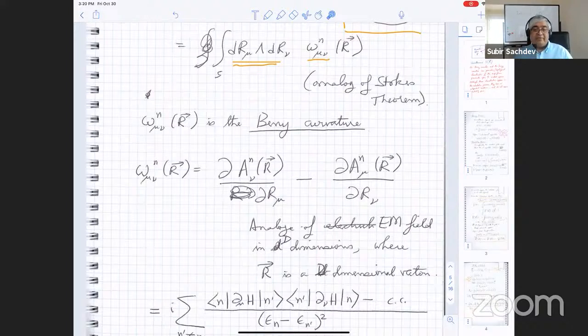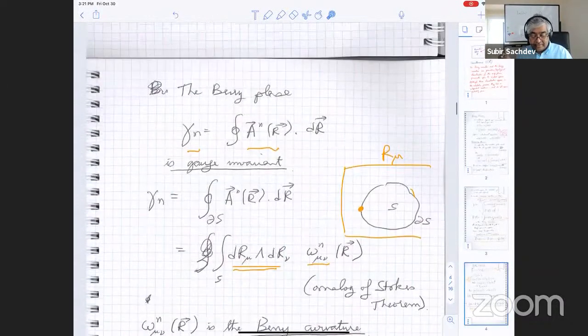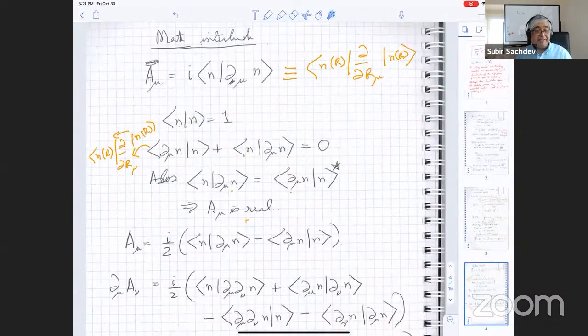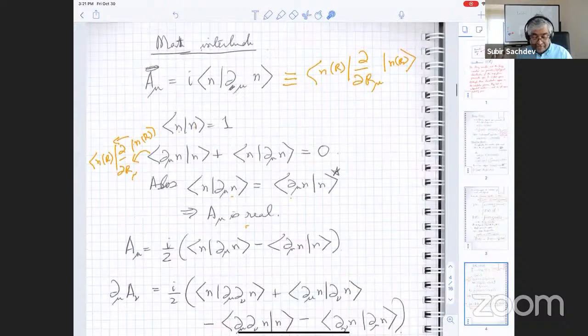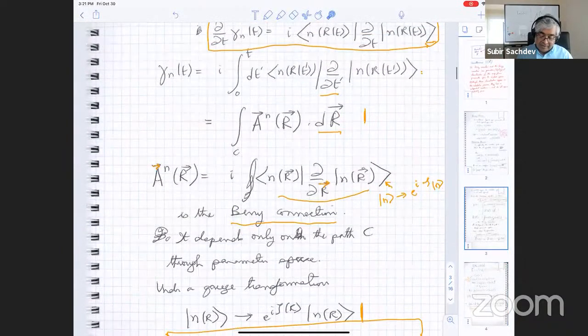All right, so I've given you in principle a prescription to compute this, which is rather tedious though. What it says is that you pick a set of states over all of parameter space, make a gauge choice. And once you've made the gauge choice, you compute A(n) of r.